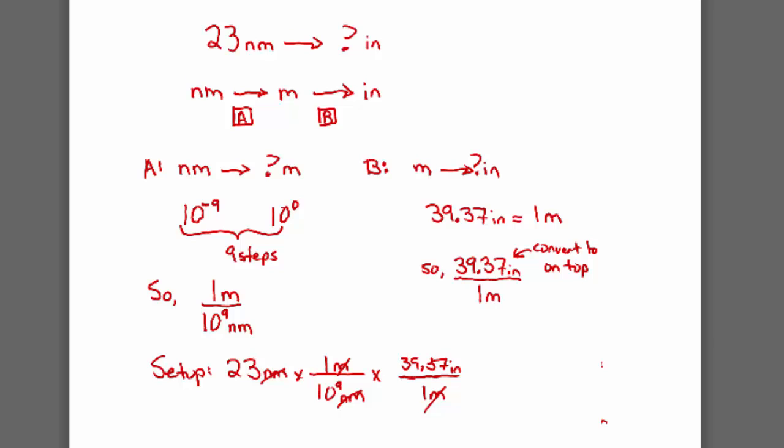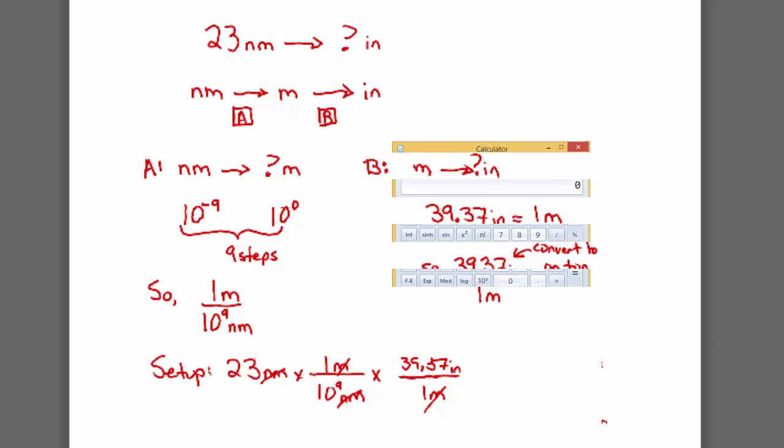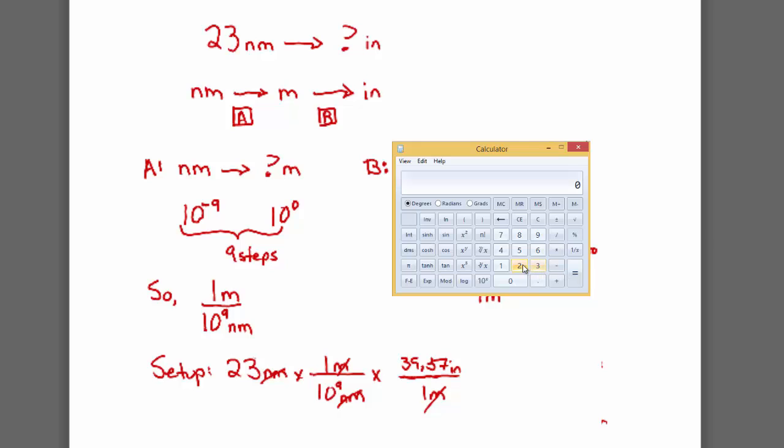So when performing this calculation on my calculator, 23 nanometers is going to be multiplied by 39.37, and anything in the denominator is going to be divided. So divide by 10 to the power of 9 in scientific notation is the same thing as saying 1 times 10 to the power of 9. So now we'll show how it is with most calculators.